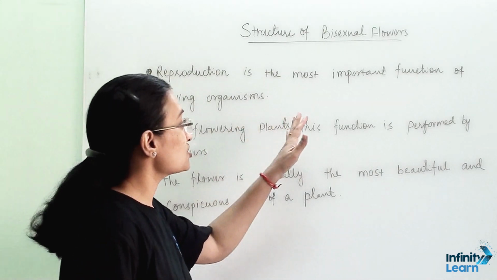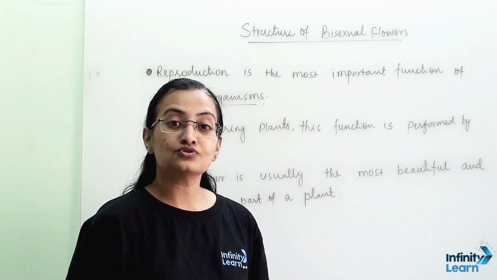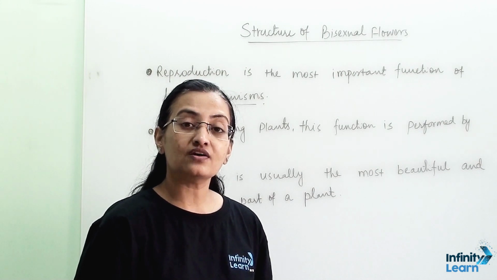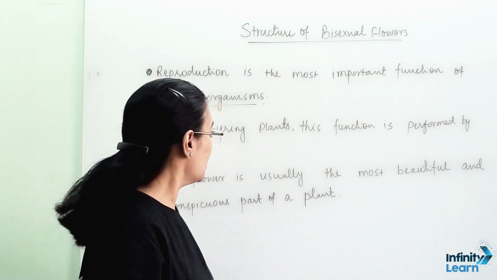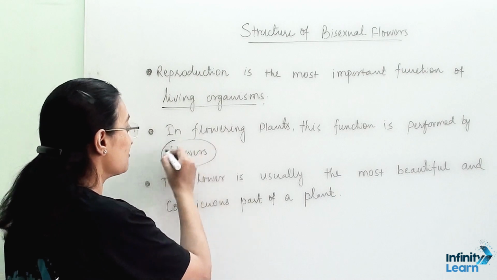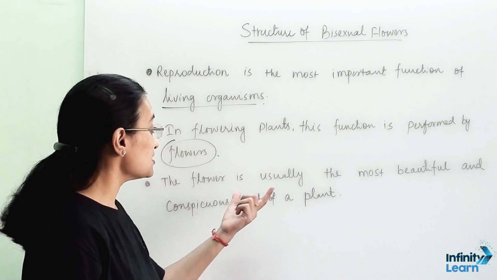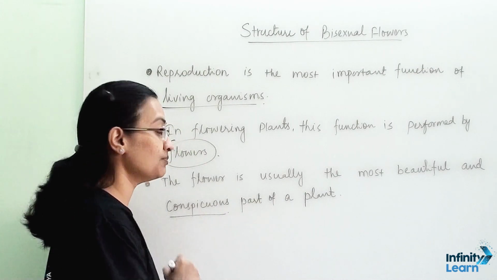Reproduction is the most important function of living organisms. Because of the process of reproduction, living organisms are able to survive and multiply on the earth. In flowering plants, this function is performed by flowers. The flower is usually the most beautiful and conspicuous part of the plant.